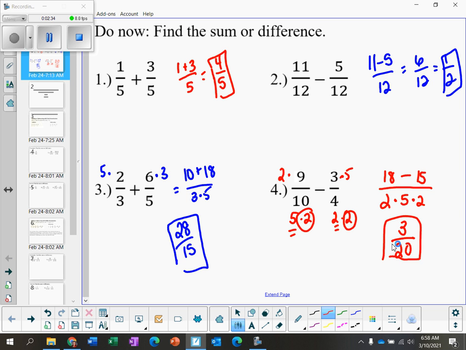And doing this ensures that we already have the lowest we can go. If I had just done 10 times 4 and gotten 40 on the bottom, I'd multiply this by 4 and this by 10, I would have to still reduce. All right, so this is an easier way to do it to ensure that we're lower at the end result.